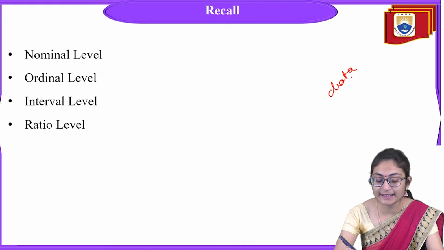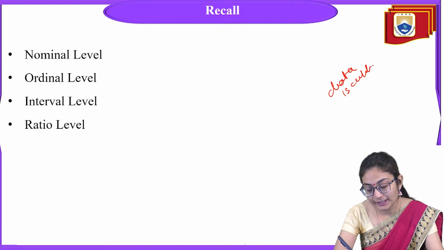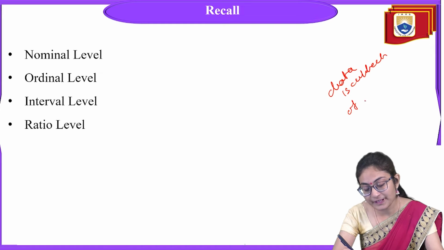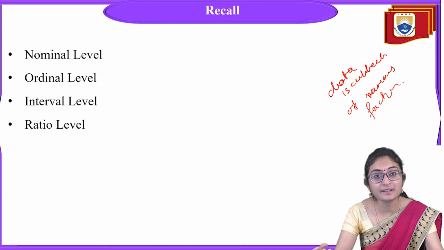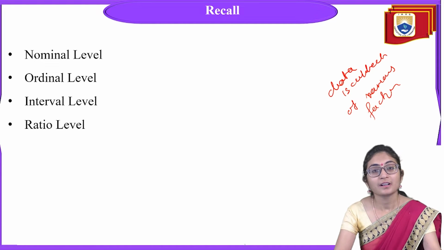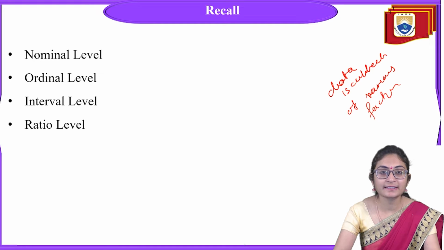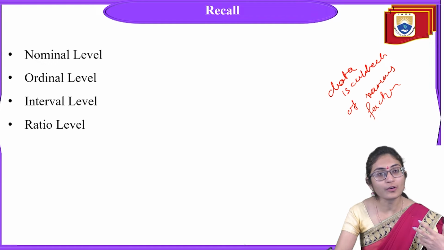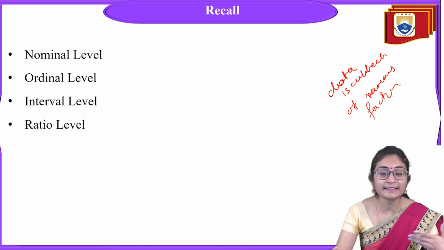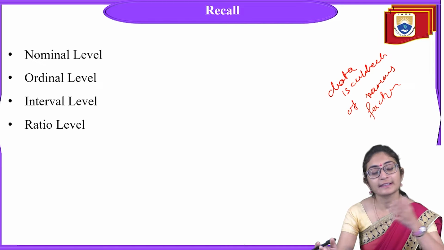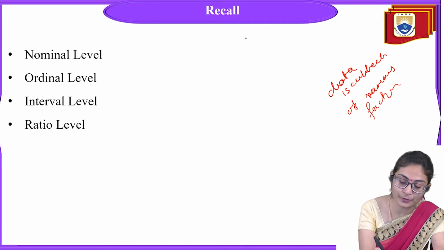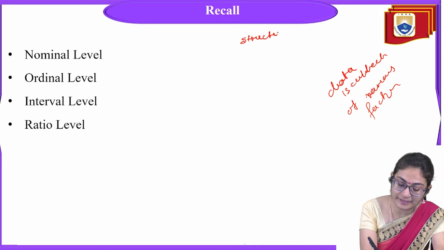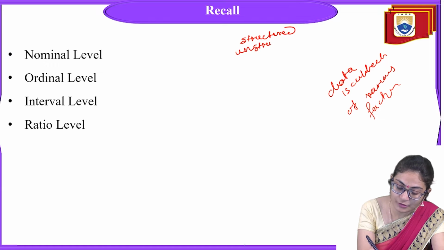We can say that data is a collection of various facts containing some figures, some tables, some text, videos, audios. All these are data. When we are collecting the data from various sources, most of the time it will be in structured format, maybe in unstructured format.